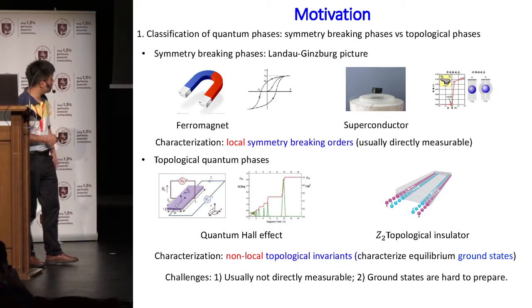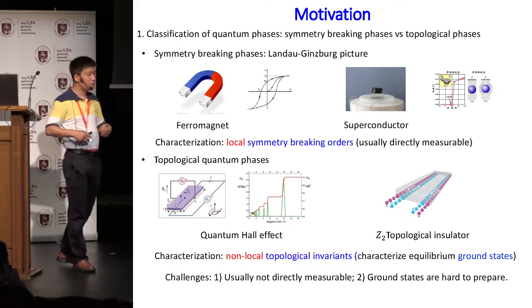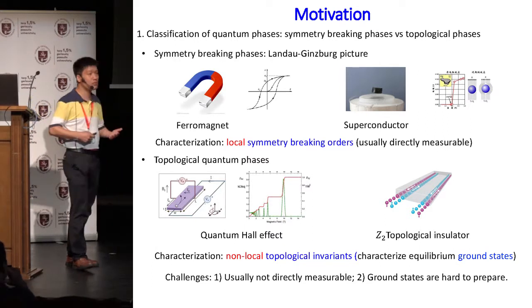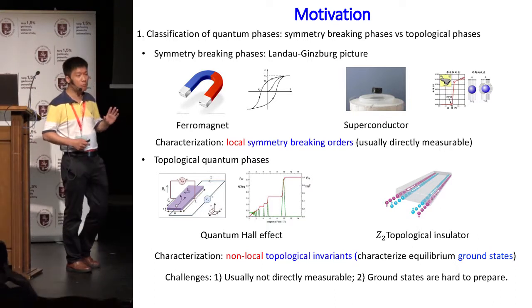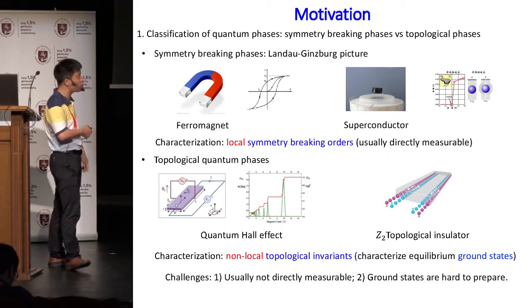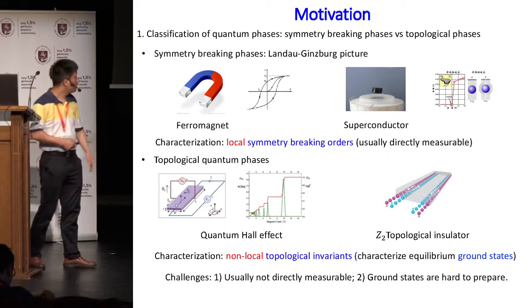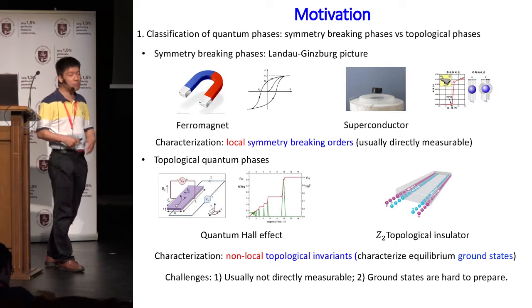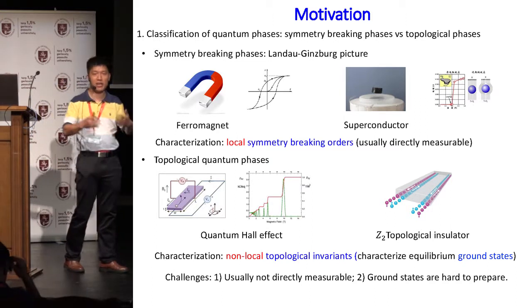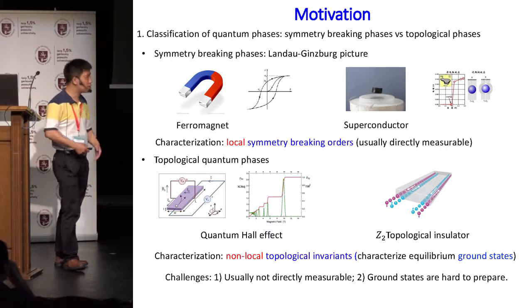That's true, but this is only for a few topological states, which can be measured by Hall response to probe the bulk topology. And the Z2 topological insulator can be measured by just measuring the helical edge states. That's true.